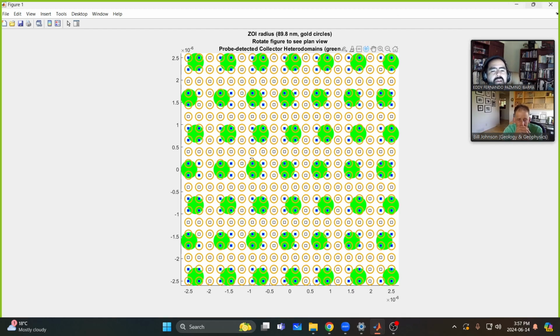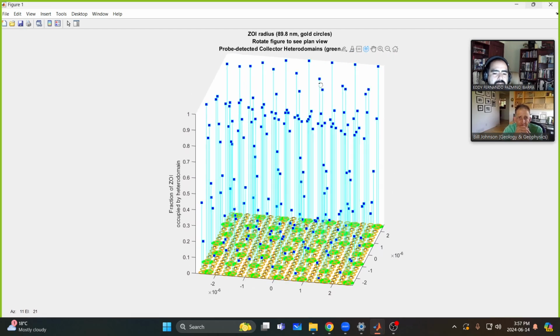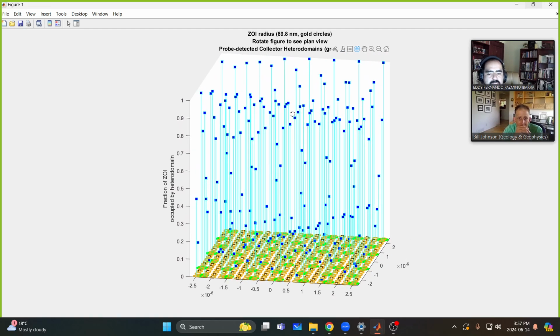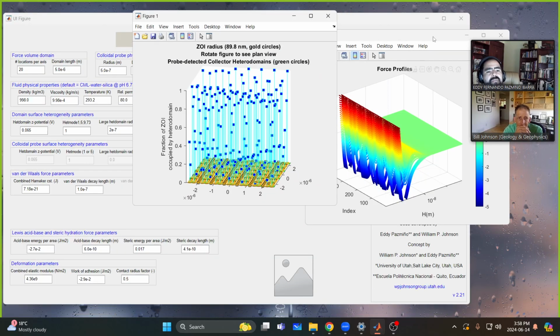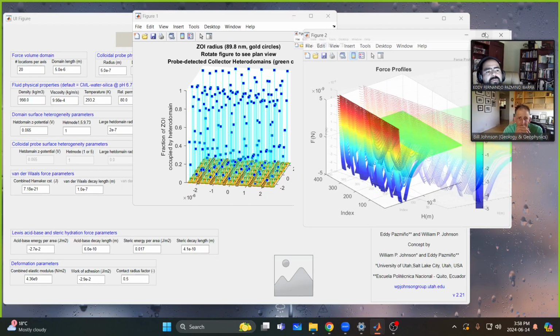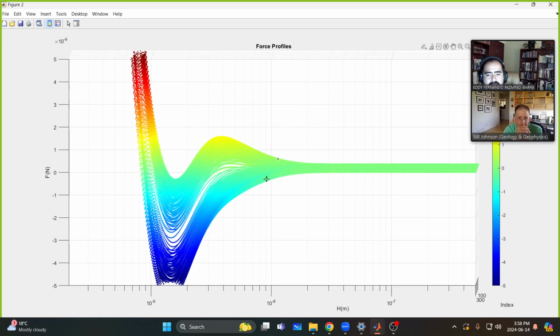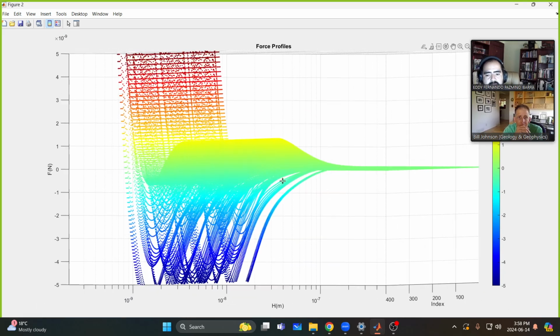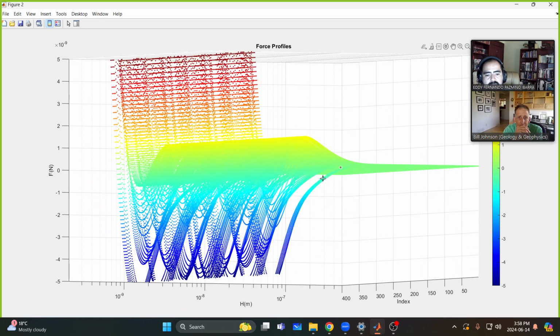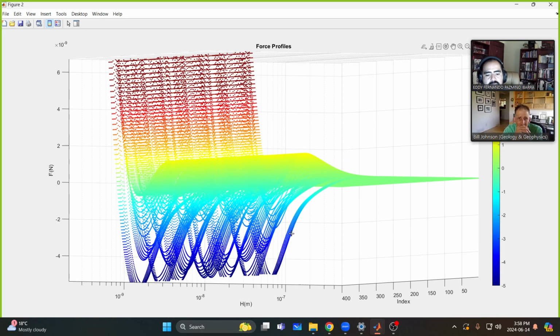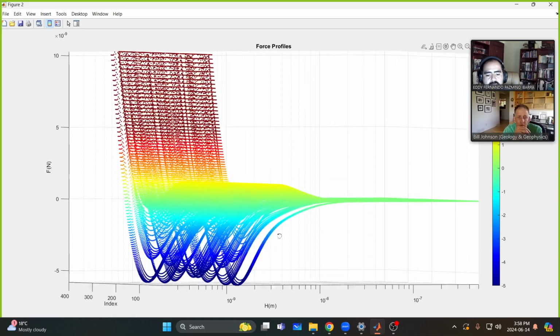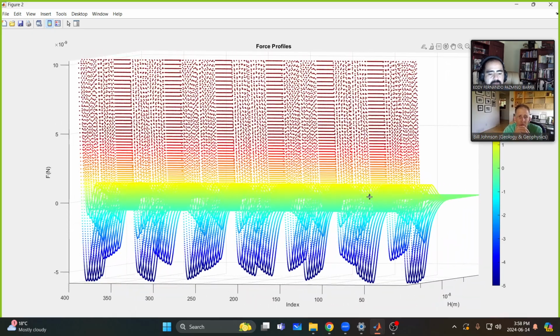And as you can see, most of those are repulsive, but some of those are attractive, and you have all the in-betweens. And this reflects in the force profiles: some of the profiles still have that repulsive barrier, but other profiles don't have any barrier. They go directly to favorable conditions. And you can see clearly how you have all this variability that's captured now by the simulator.